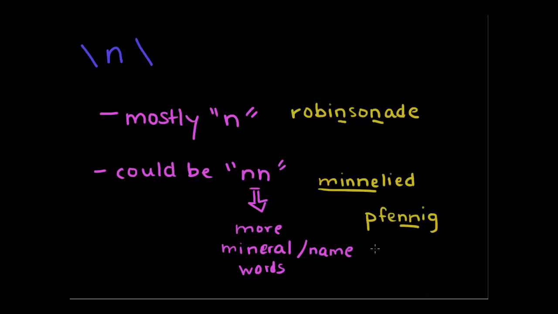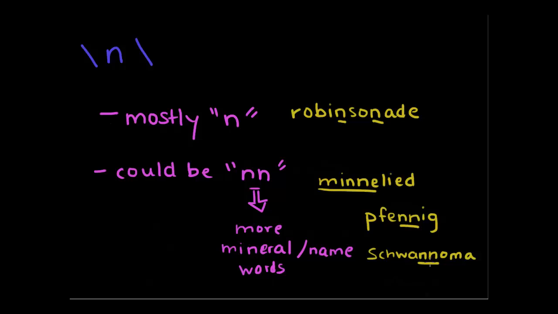Another one is Schwannoma. This is a name word. It comes from Schwann, so it has the two N's. Usually, a lot of German words or German names, if they end in the letter N, it's going to be a double N. Oma is just the combining form meaning tumor, but the name is Schwann.